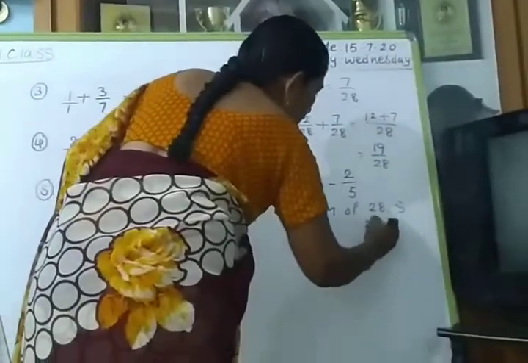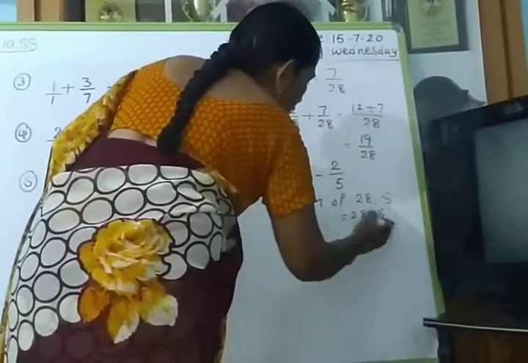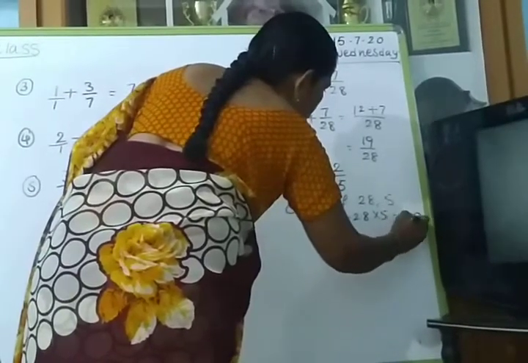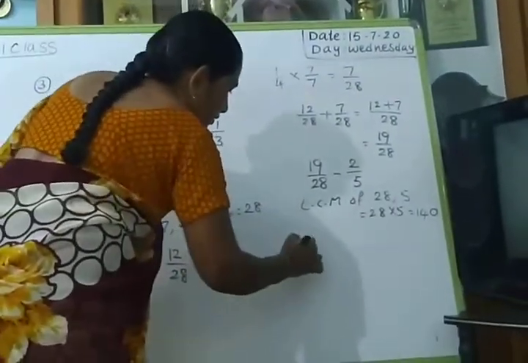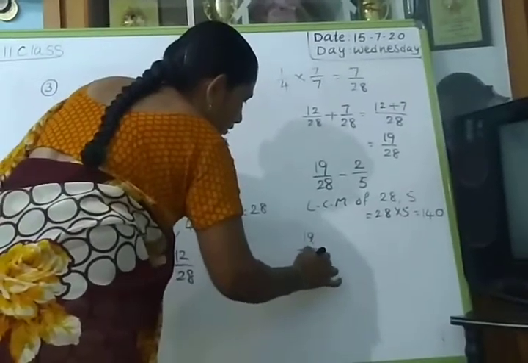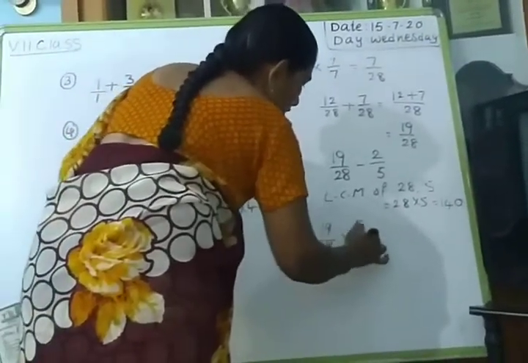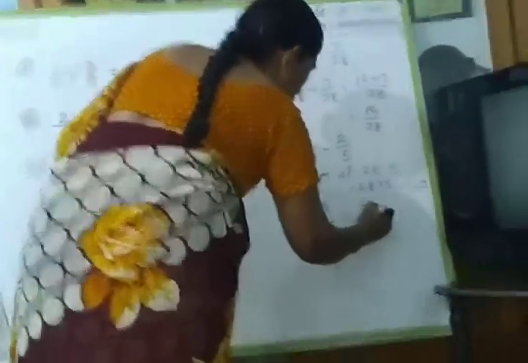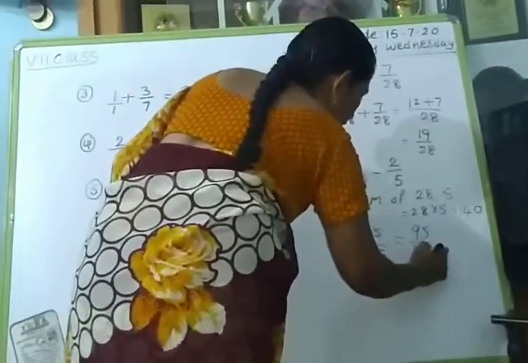So 28 into 5. 5 eights are 40, 5 twos are 10 plus 4, 140. LCM is 140. So 19 by 28, into how many times? 5 times. 19 fives are 95 by 140.